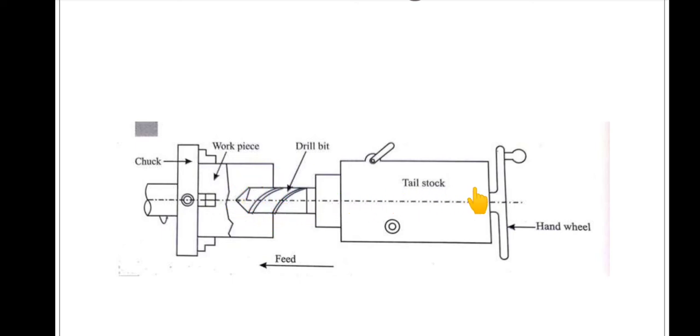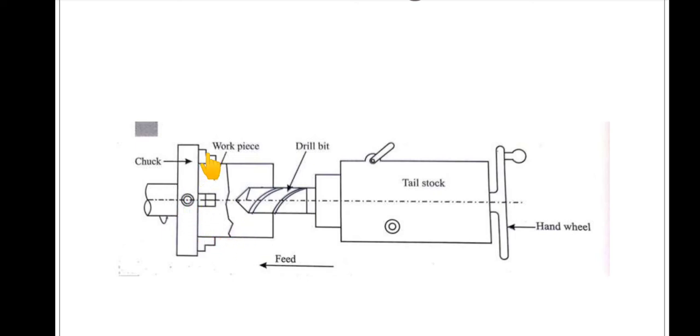is fixed to the tailstock. Okay, so here the stationary drill bit or tool will be fixed to the tailstock, then the workpiece will be revolving. So during this operation we are going to obtain the cylindrical surface on this workpiece.